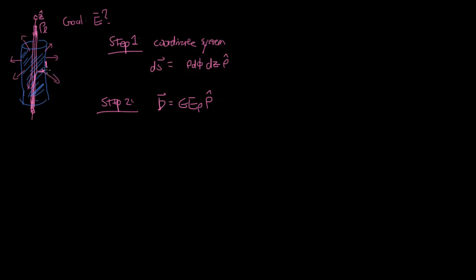If all these points are equidistant from the z-axis, this person sees the same as this person at a different phi, or if you shift them up, this person also sees the same thing. So it's independent of phi and z, and that is a key criteria for this integral approach to work.